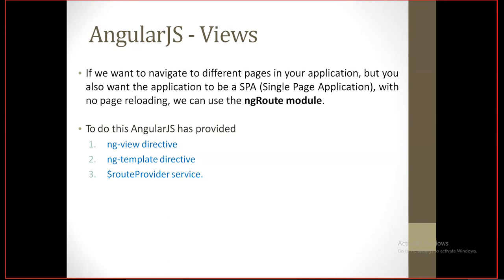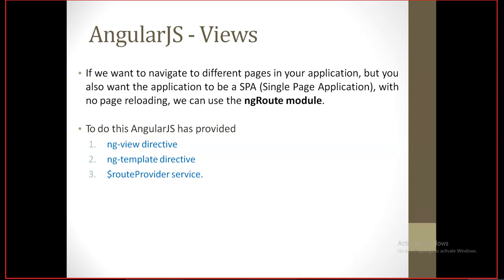So in order to create views, we have two directives and one service provided by AngularJS. The two directives are ng-view and ng-template, and the service provided is the $routeProvider service, which we can use.